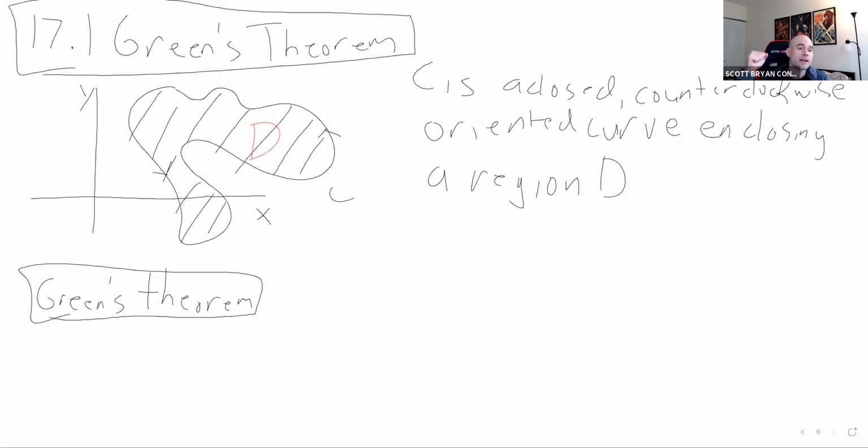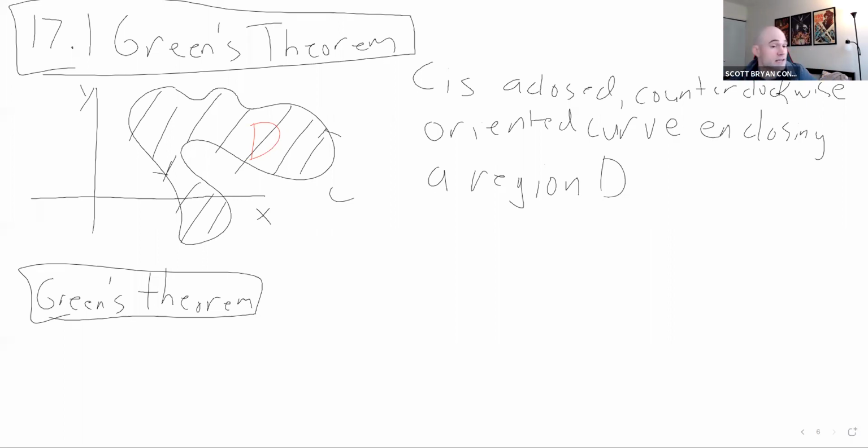Right, if you integrate a conservative vector field around a closed curve, you always get 0. Remember, because we have the fundamental theorem of line integrals, basically, the closed curve starts and ends at the same point. So if you're a conservative vector field, you're evaluating the antiderivative at the end point minus the start point. But they're the same point, so you should get 0.